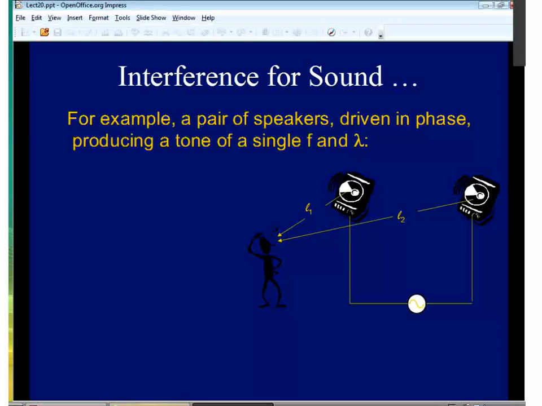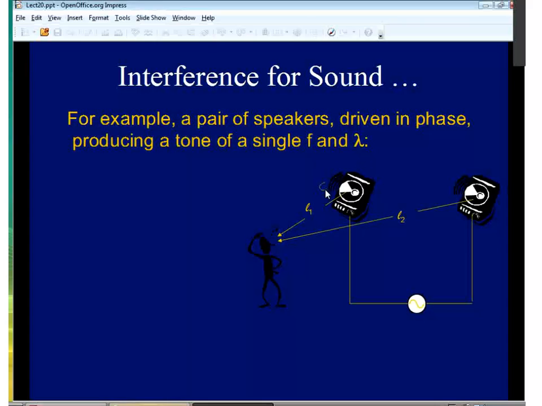Now, I can create delay. I can have this ear or this receiver placed at different distances. Sound has got speed, and to travel different distances, it would take different time.